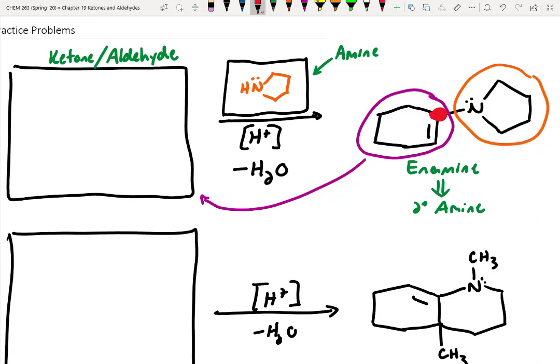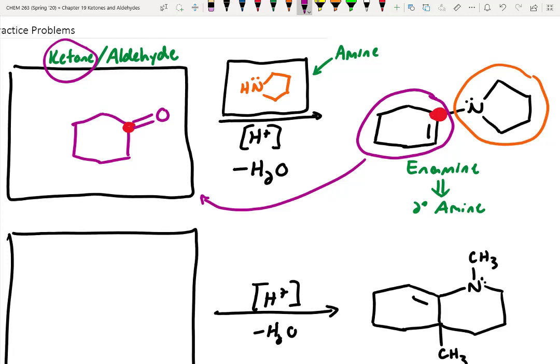That carbon that I've marked in red must have been a CO double bond at some point. So in this case, it makes sense that we had a ketone as our starting material.